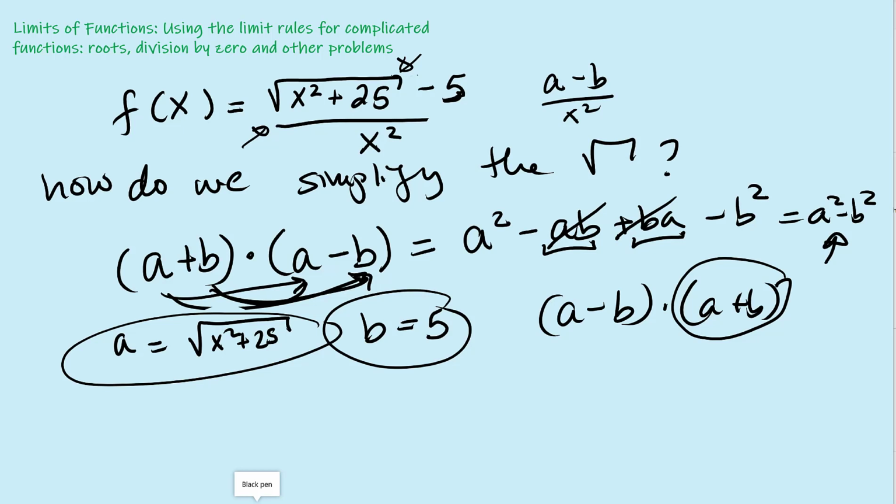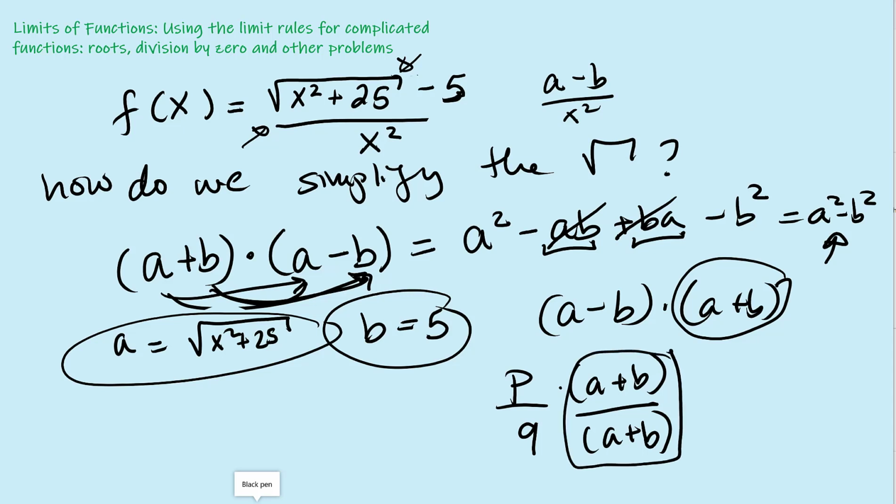If we have a fraction p divided by q, if we multiply the top by a plus b, we also have to multiply the bottom by a plus b. That way we're guaranteeing that we're actually multiplying it just by the number 1, because a plus b divided by a plus b is just 1.